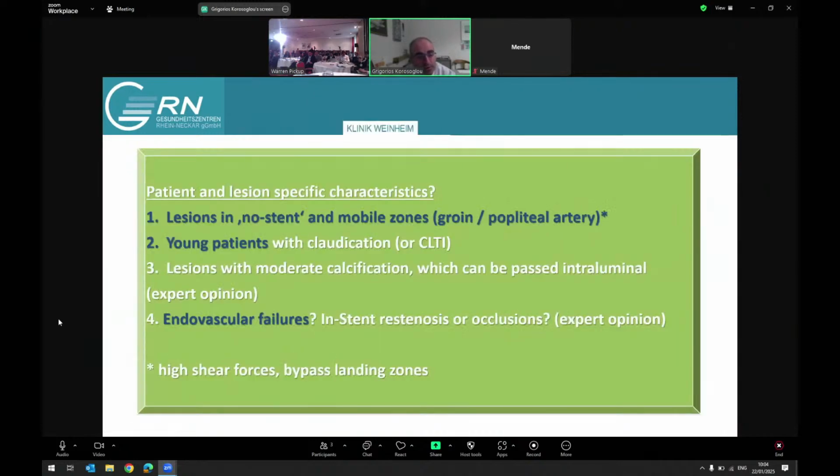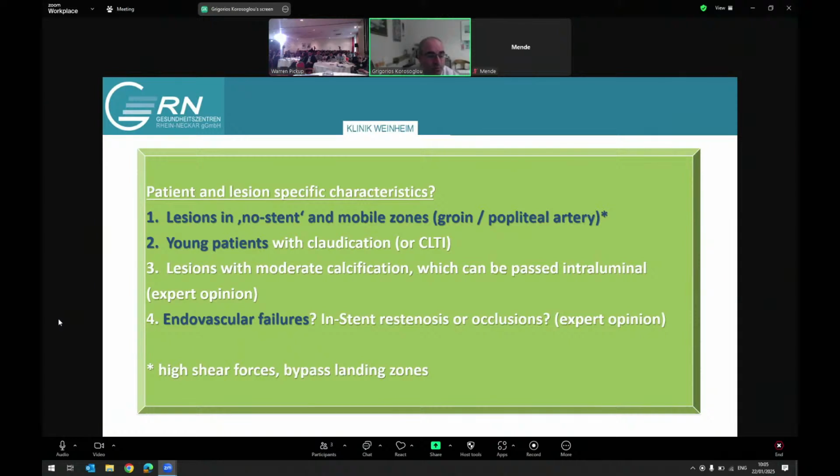So in order to summarize the first part, where should we perform atherectomy? Rather in lesions that are moderately to strongly calcified and where the wire can be passed either by antegrade or by retrograde recanalization in an intraluminal way, and especially in younger patients with claudication, where we would like to avoid a lifetime stent placement because these patients are going to live for a long duration, and especially in lesions like the popliteal artery, which are mobile segments.